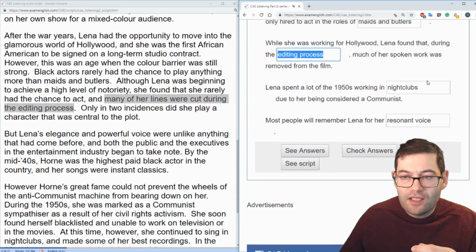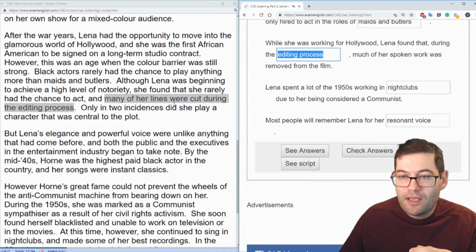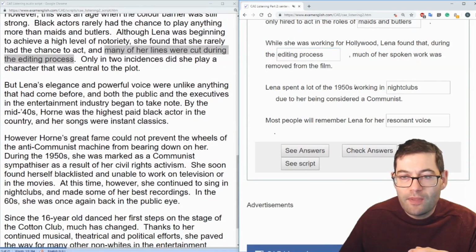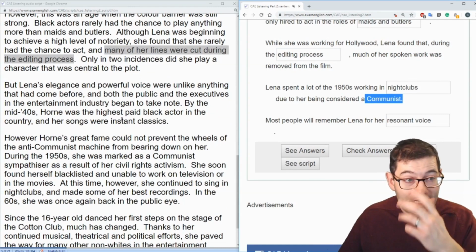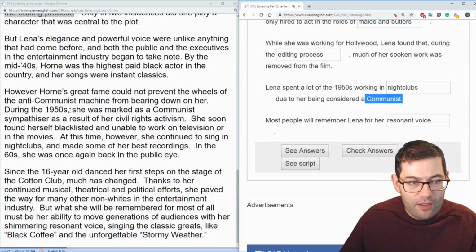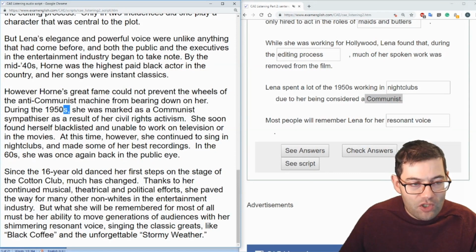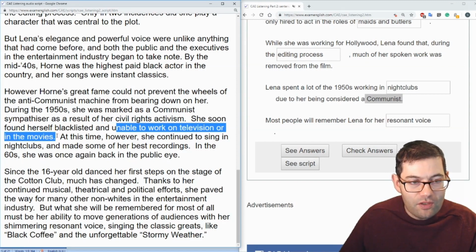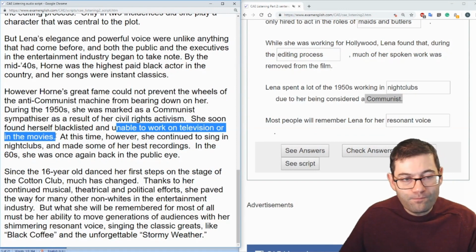Lena spent a lot of the 1950s working in nightclubs due to her being considered a communist. So key vocabulary here, 1950s, communists, or communism, that kind of thing. So that's the vocab we're looking out for, and we can start to pick that up here in the penultimate paragraph. Anti-communist machine, 1950s, communist sympathizer, etc., etc. And then it says, unable to work on television and movies.